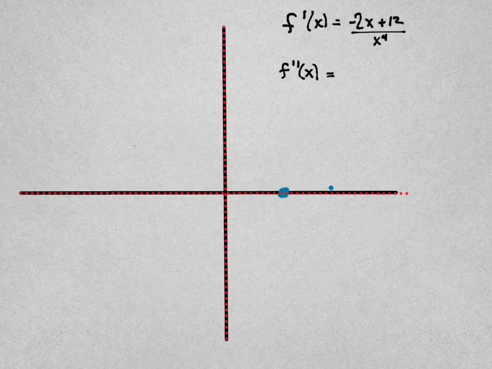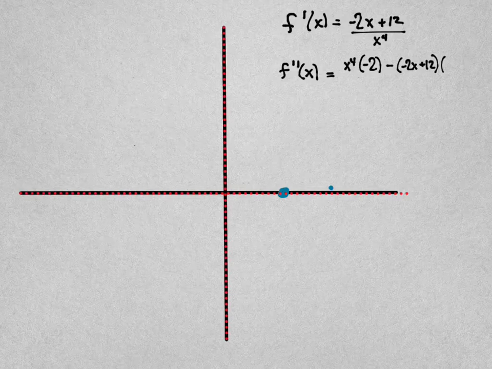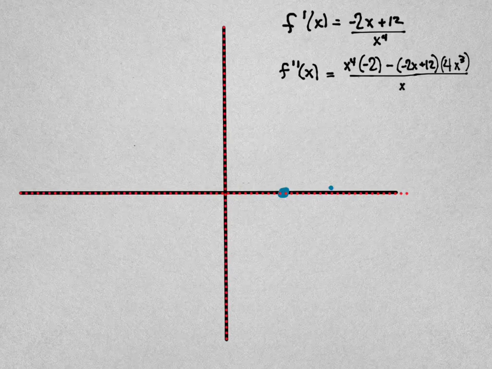So the quotient rule says we take the denominator and then times the derivative of the numerator. So what's the derivative of this numerator? Thank you, negative 2, minus. And then I have my numerator, so negative 2x plus 12, times the derivative of the denominator, which is 4x cubed. And then I'll divide by the denominator squared, and that's going to give me x to the 8th.